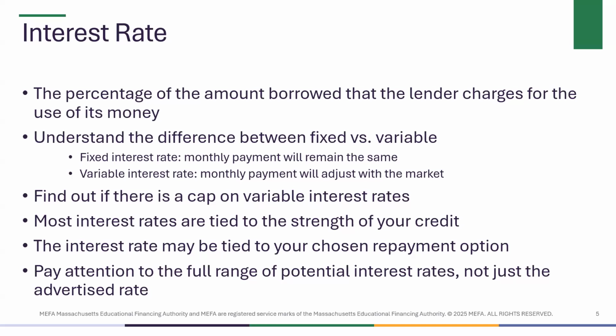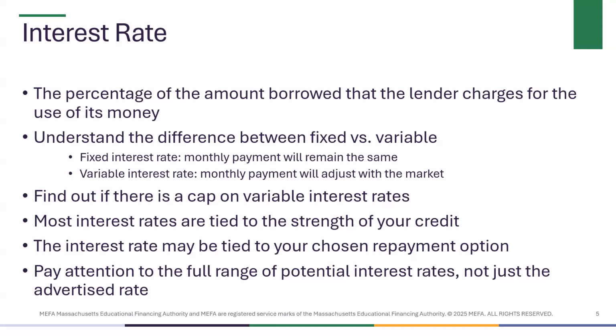So a lot of private lenders, including MEFA, right now in the market will offer multiple different interest rates dependent on the repayment option that you choose, as well as your credit rating. So once you apply, you'll find out exactly what your interest rate is and the monthly payment options depending on the repayment option you're looking at.